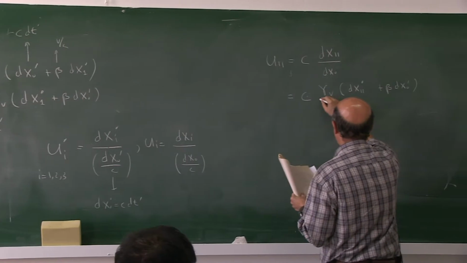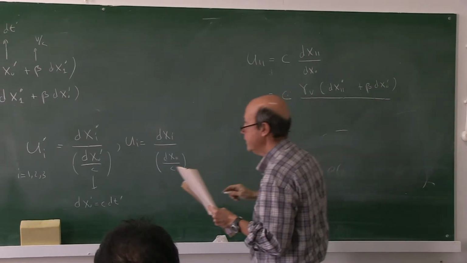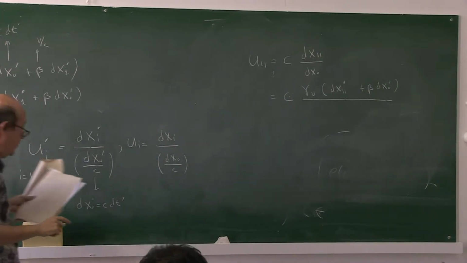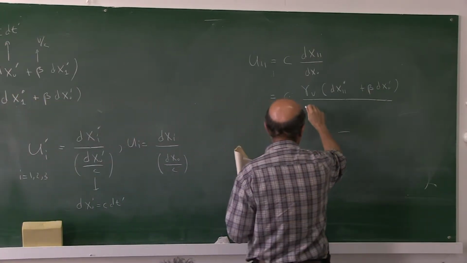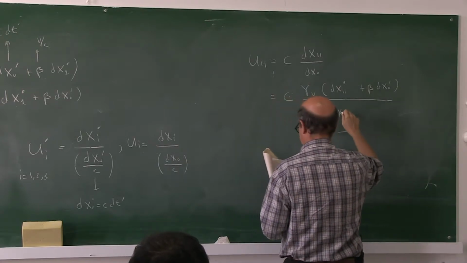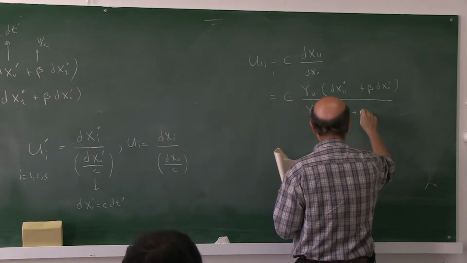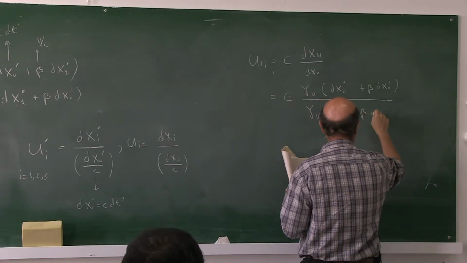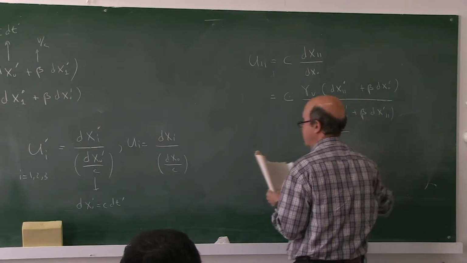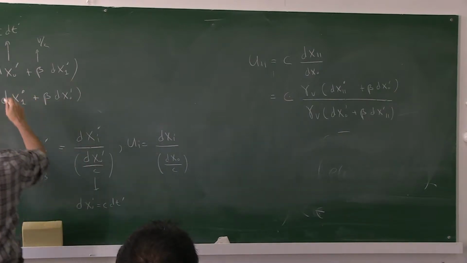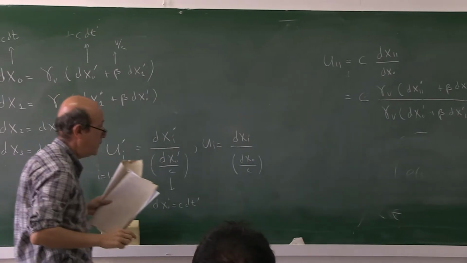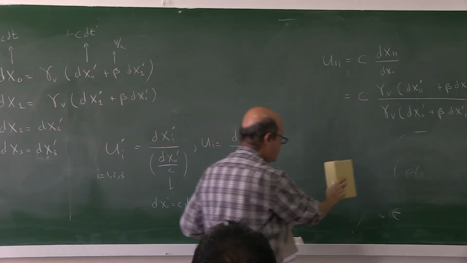This is divided by dx0, which is gamma v times dx0 prime plus beta dx parallel prime. Am I correct?